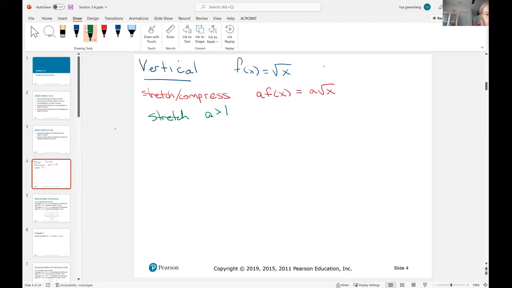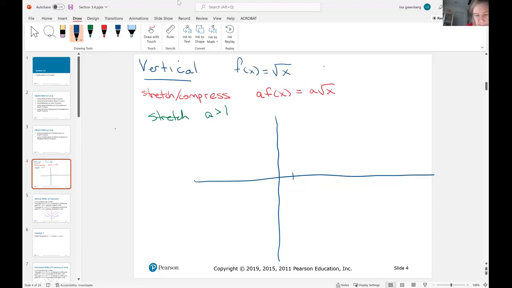So let's look at it both ways. And I'll try really hard to make a nice graph because it is a little bit important. So let's see, 1, 2, 3, 4, 5, 6, 7, 8, 9. So you can see that I don't really care about anything negative because the square root of x is never negative, right?